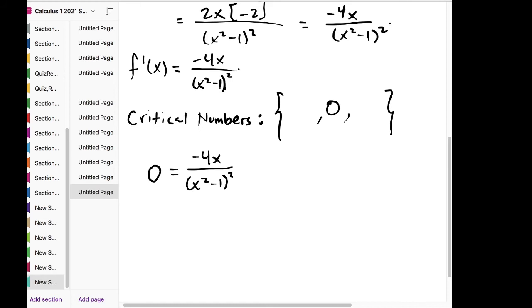So x equals 0. And then at -1 and 1, it does not exist. Okay. Anyone confused about what I just did there?